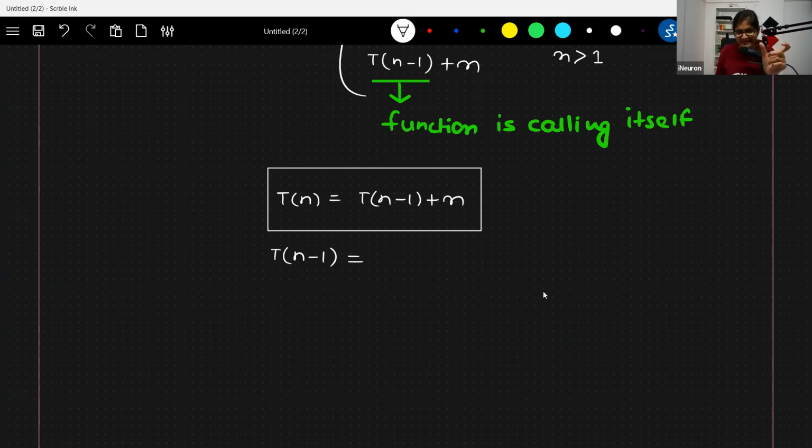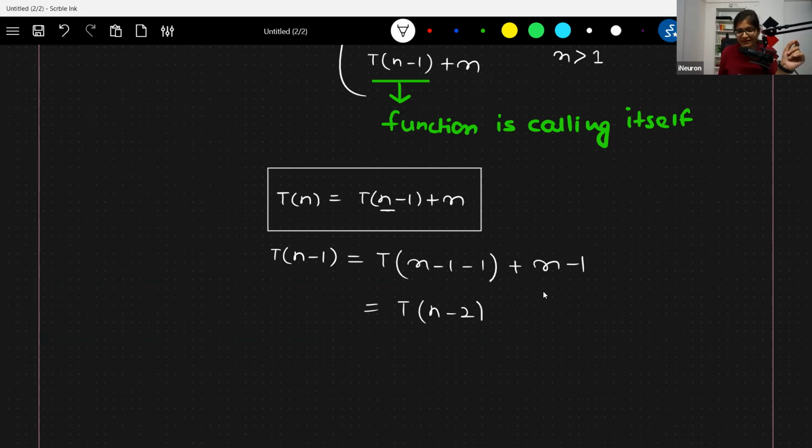You just need to replace the value of n with n minus 1. So it will become T of n minus 1 minus 1 plus n minus 1. Instead of n, I am just replacing it with n minus 1. So I get T of n minus 2 plus n minus 1.